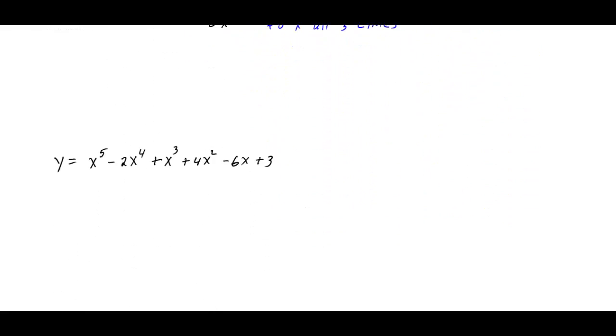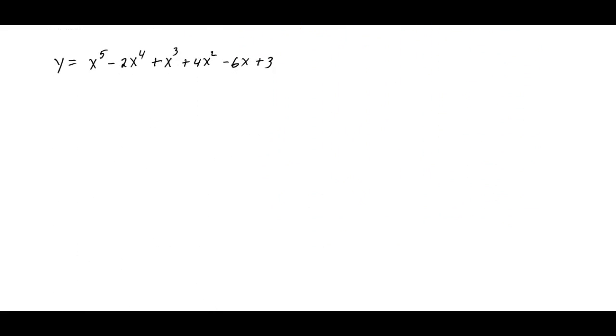So let's go ahead and look at an example here. Here we have a nice polynomial function, and if we want to take the derivative, we'll say y prime, then we would simply have 5x to the 4th minus 8x cubed plus 3x squared plus 8x minus 6.